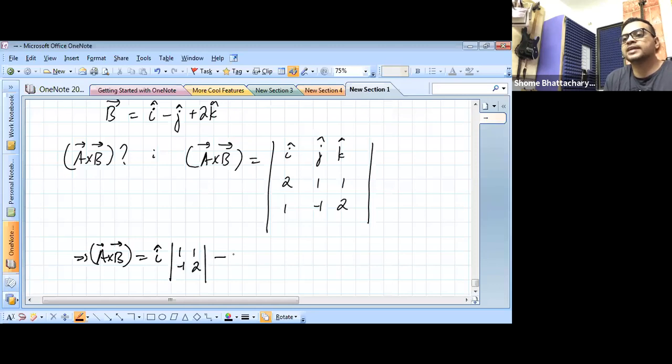Then don't forget the minus sign in between, j cap. With this, remove this column. So left with these 4 terms: 2, 1, 1, 2. And then plus k cap. So remove this column, so left with this matrix. So that is 2, 1, 1, minus 2. And next step now just solve each of these determinants.